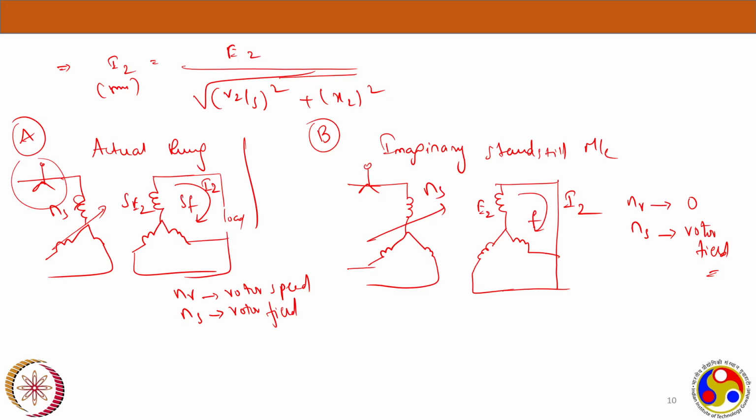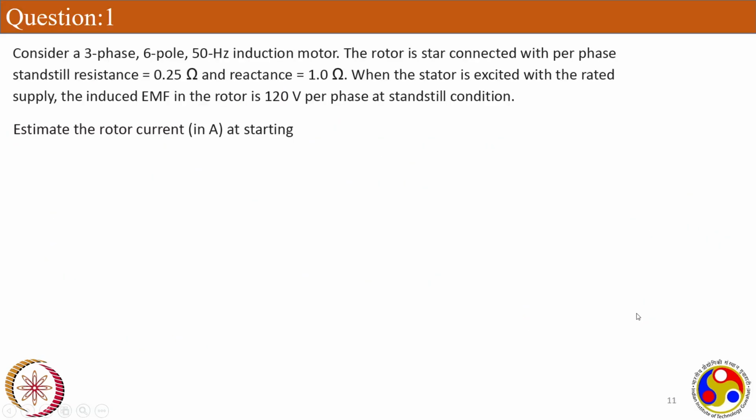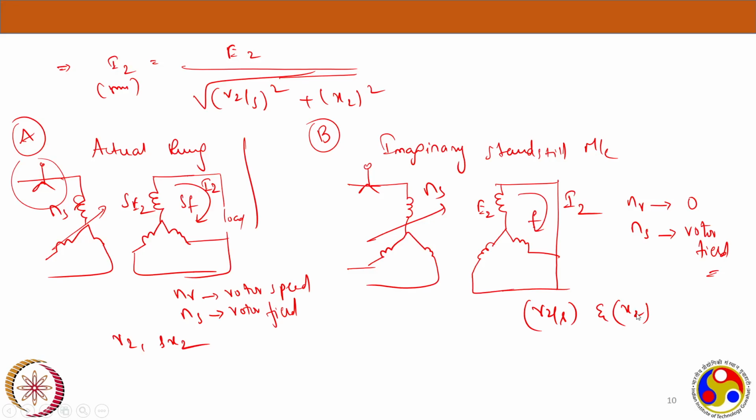But even though your rotating machine has R2 and SX2, and here it is R2 by S and X2, even though these parameters are different, induced voltage is different, the same current is flowing. Therefore the rotor field produced by both machines is of equal strength, and both fields will rotate with the same speed of NS.